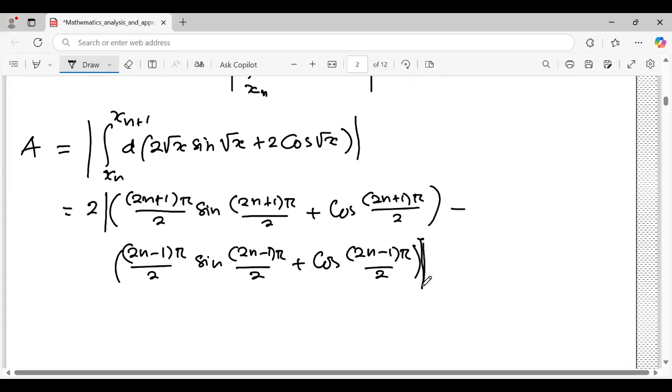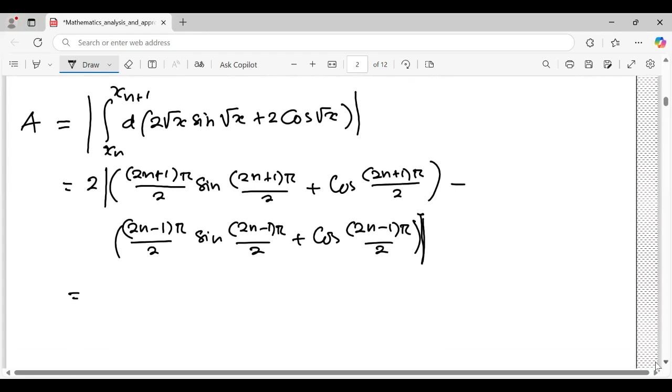So the difference between xn plus 1 and xn: if xn plus 1 is 2n plus 1, then xn is 2n minus 1. Right.